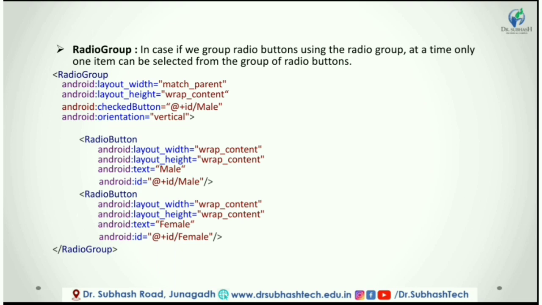Note that we have to create radio buttons inside the radio group. To make a group, see the following code to know how to create it. In this radio group, there are two radio buttons, male and female. The default checked button is set by the android:checkedButton property. The default radio button is male, and orientation is a way to display a component in a horizontal or vertical direction.